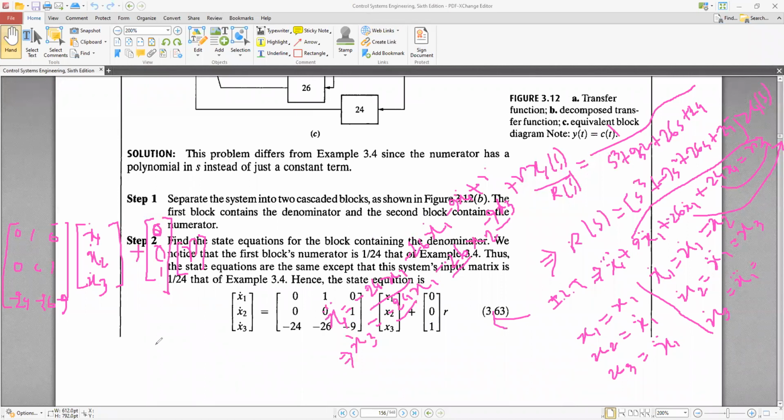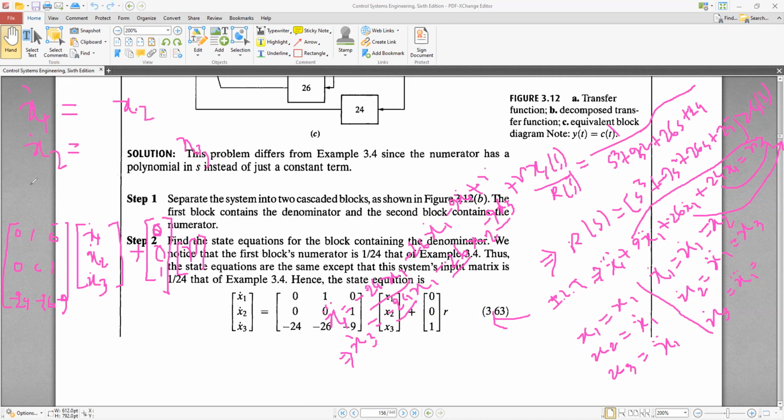Okay, see here. Now let me write the equations clearly. The first equation: x1 dot is equal to x2. Then x2 dot means x3.